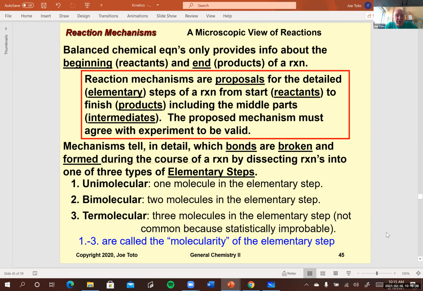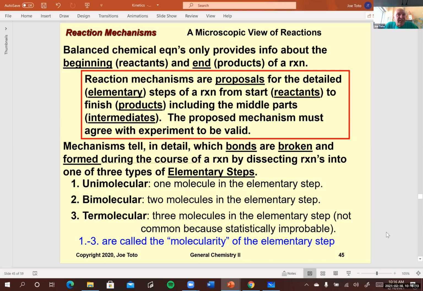Mechanisms are proposed to explain the detailed conversion of reactants to products, but you can never prove a mechanism. You can only prove a mechanism to be impossible, and therefore tell everyone, the scientific community, that the mechanism needs to be thrown out or it needs to be modified. So that's what we're getting into now.